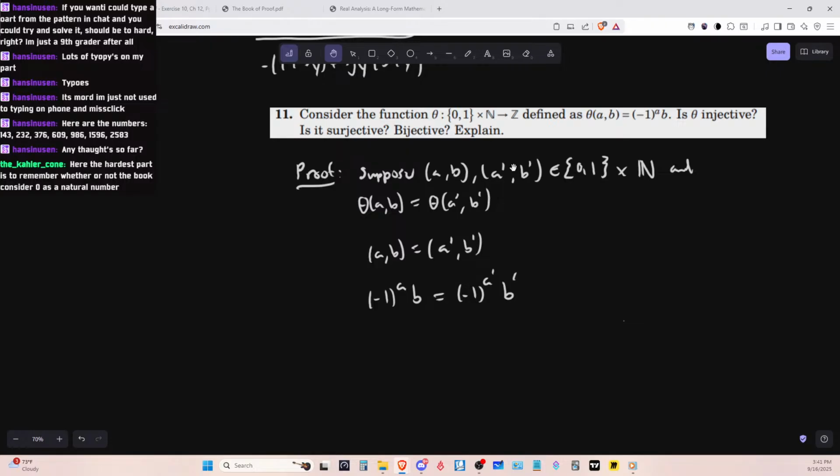So I think it is injective because 0 is not included, so it's not going to be counted towards being B in this case. So I think we can write that in the proof here.